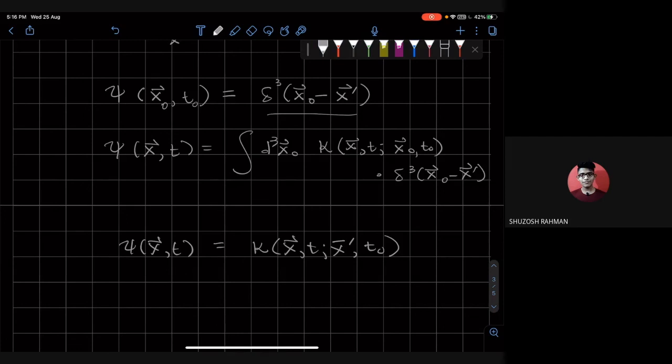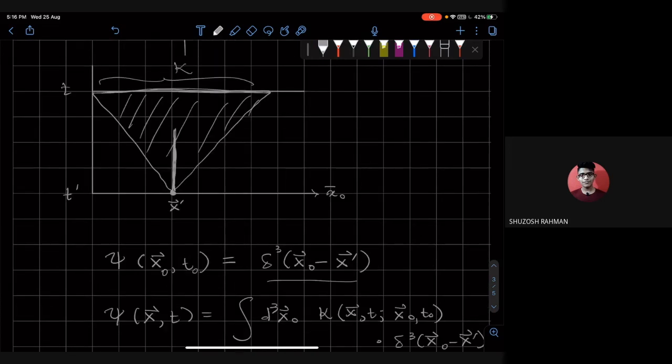And I'm not being very careful, so you're completely justified in getting confused. So, yeah, x naught is basically the coordinate for space at t prime, and x prime is just one particular point on that manifold. Yeah, got it. Thank you.